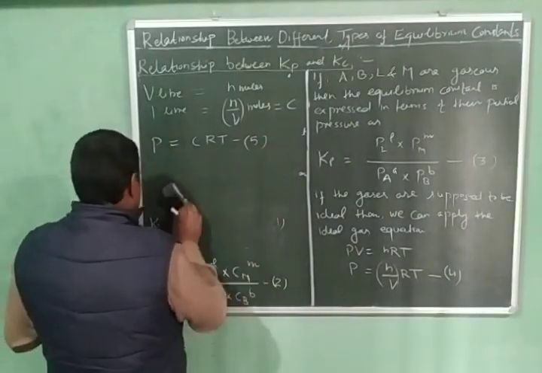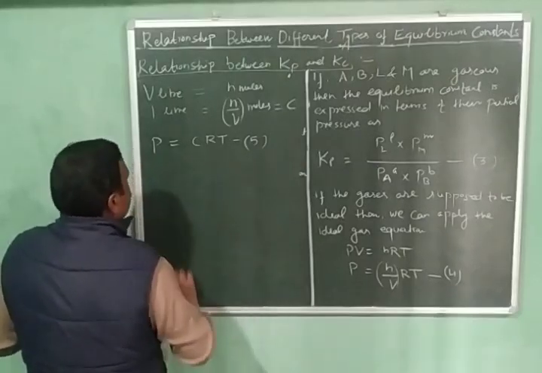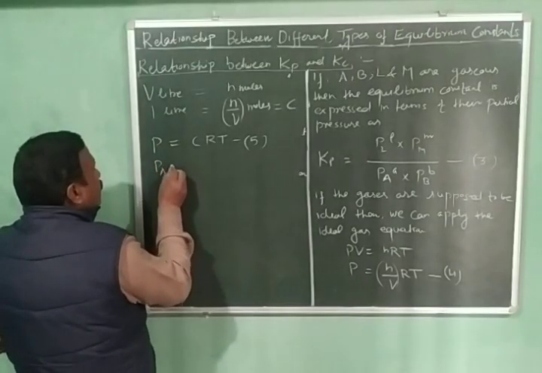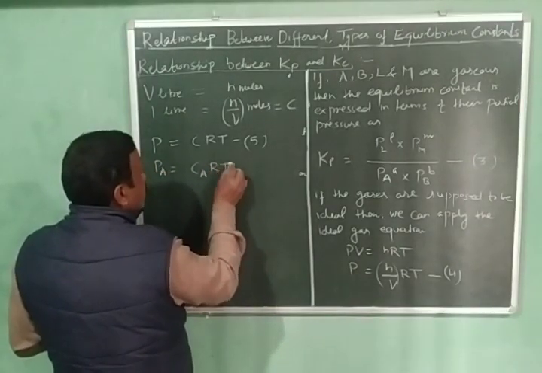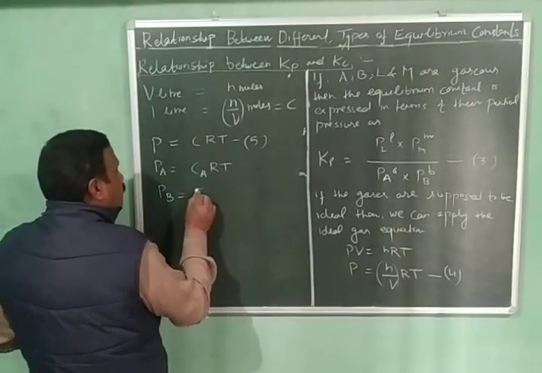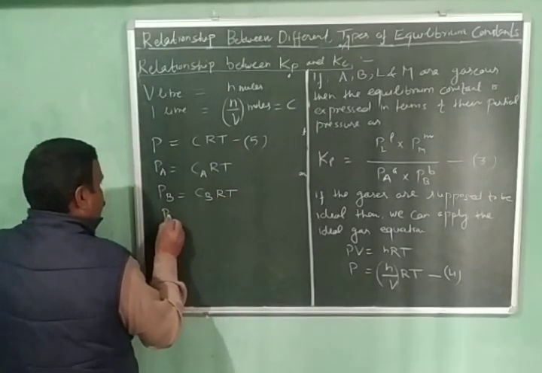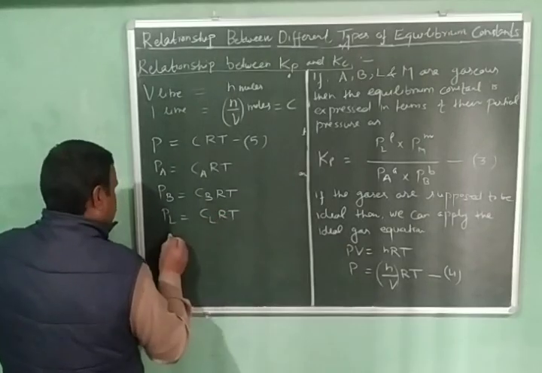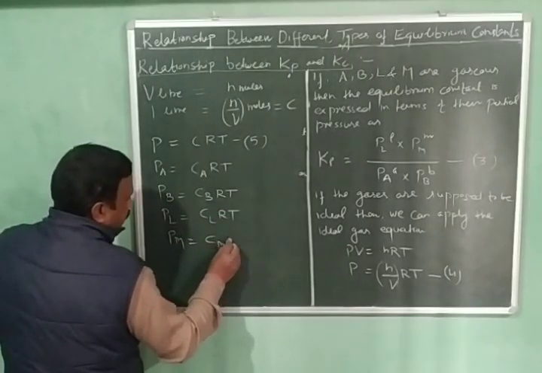Following this equation number 5, we will have Pa is equal to Ca RT, Pb is equal to Cb RT, Pl is equal to Cl RT and Pm is equal to Cm RT.